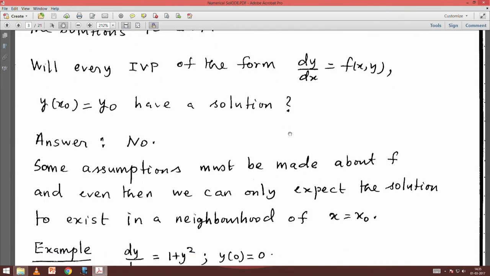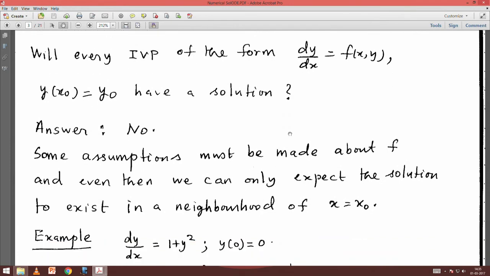So, the first question that we want to pose is this: does every initial value problem of the form dy by dx is equal to f of x comma y with y of x naught equal to y naught possess a solution? Does it have a solution? That is the first question.